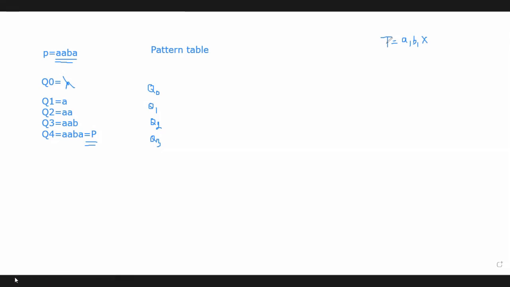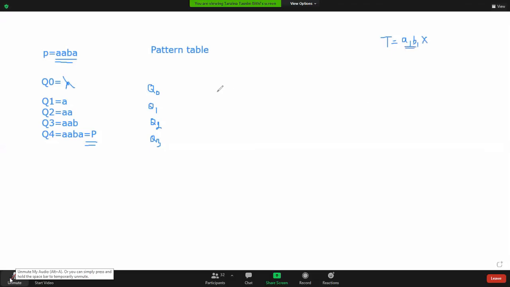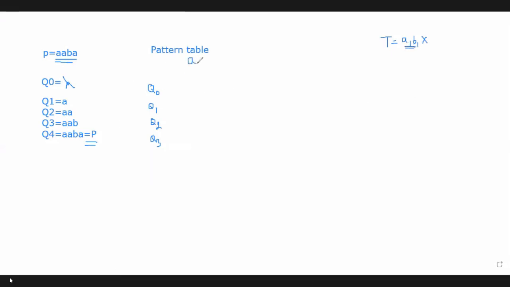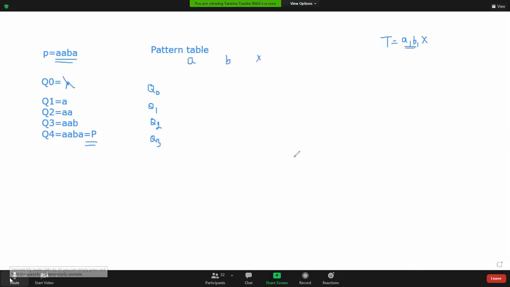Now we'll prepare the table for three types of value: A, B, and X. Is that clear? Yes, ma'am.